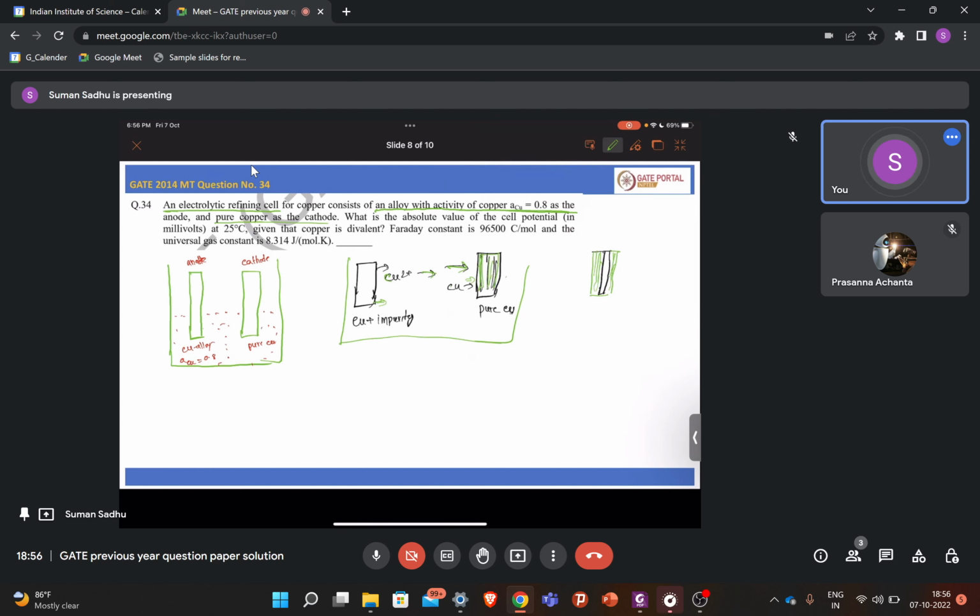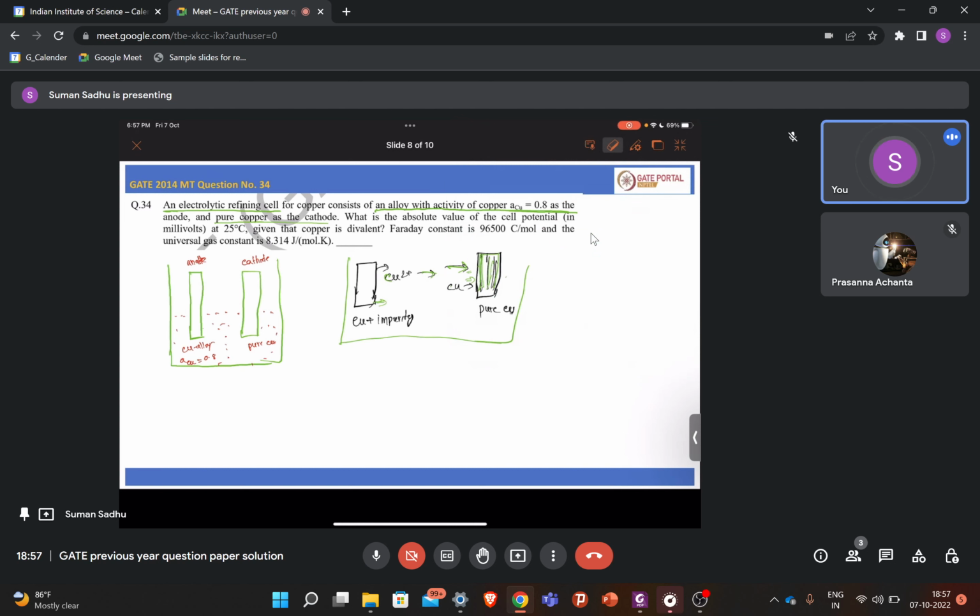After some time the cathode will thicken, and the anode will become thinner and thinner, and at the end only impurity will be present in the anode, and all the copper will be dissolved. How far the reaction will occur depends on the equilibrium conditions. So now you know what reactions are occurring here.